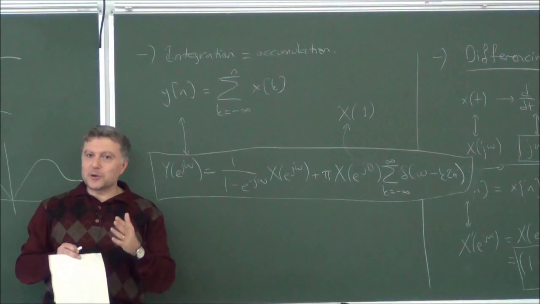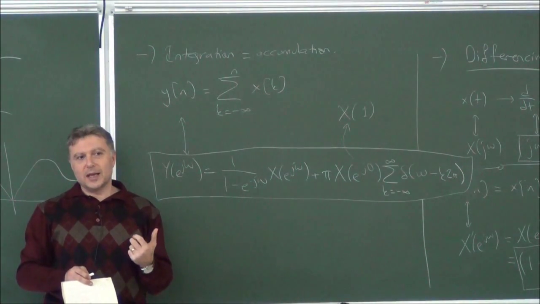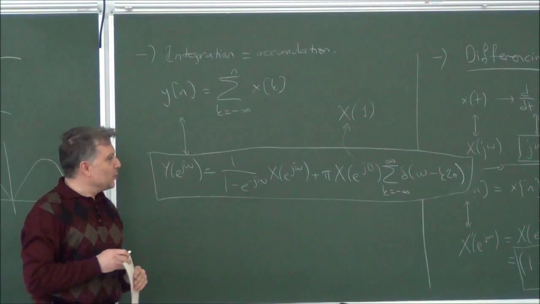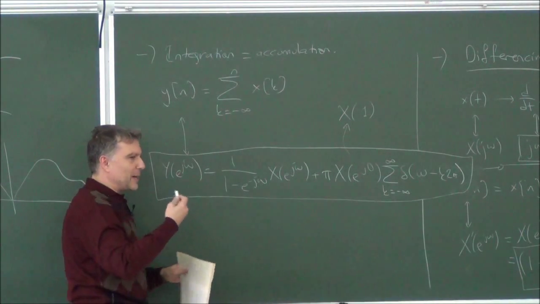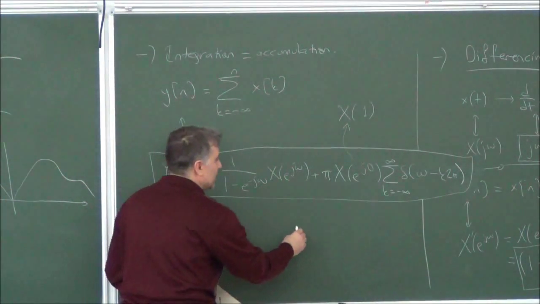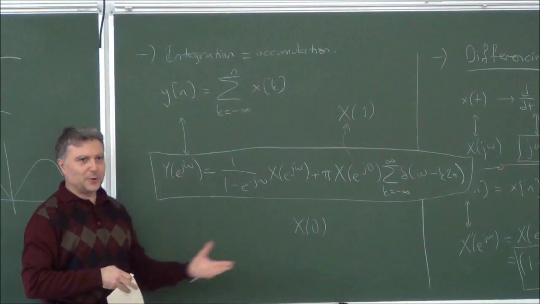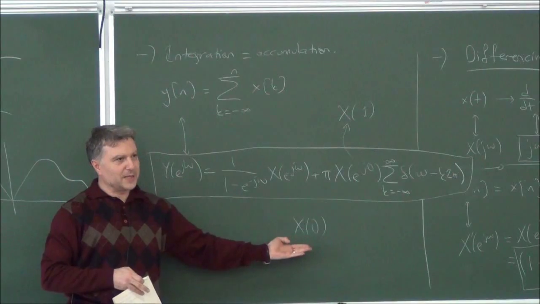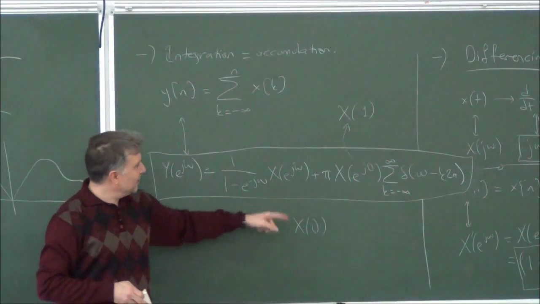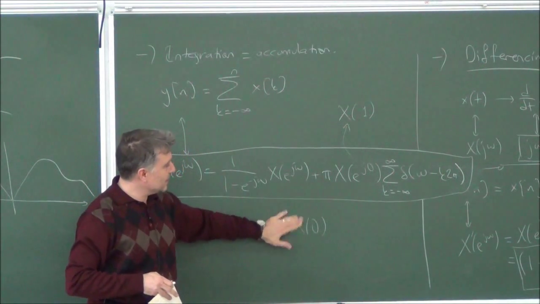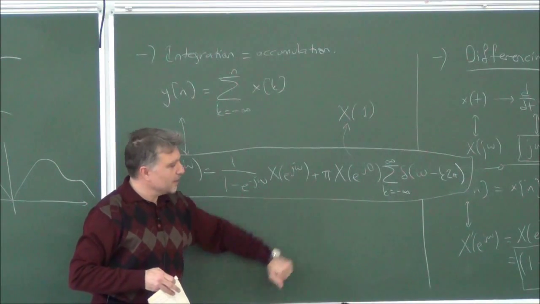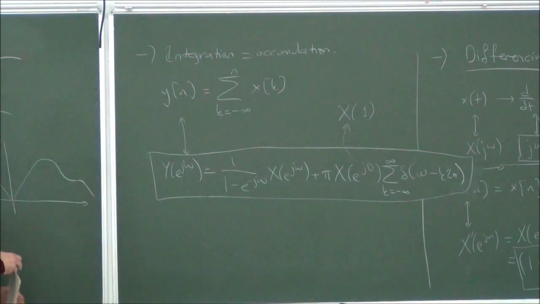It means it corresponds, in other words, to omega is equal to 0. You expect, I mean I do at least, something like this, x of 0, right? This is omega is equal to 0, the Fourier transform at omega is equal to 0, but it's not. It is this, x of 1, because everything is in the exponent, strangely. Okay.